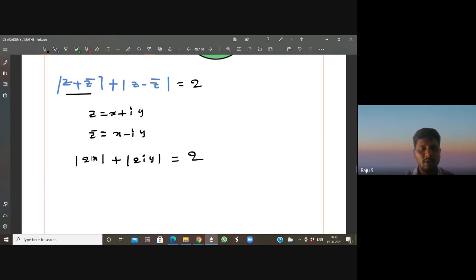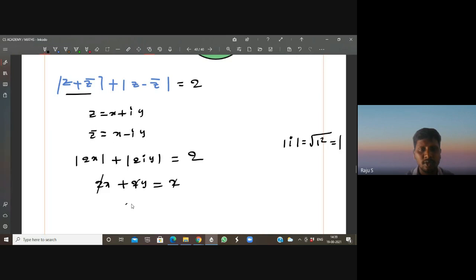Now what is the modulus of this? Clearly 2 modulus x plus 2 modulus y, since modulus of iota is root over 1 square, that is nothing but 1. So 2x plus 2y is equal to 2.